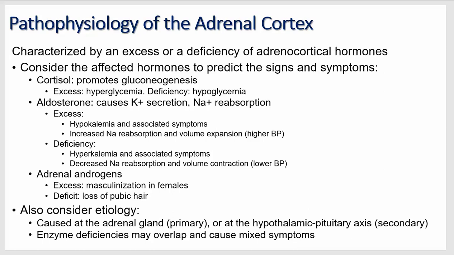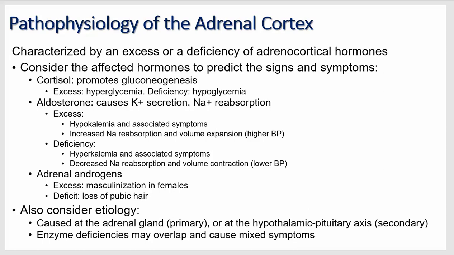If we know what the hormones are doing, because there are several, cortisol, aldosterone, the androgens, then if our adrenal gland is overactive, it's going to be doing more of that.